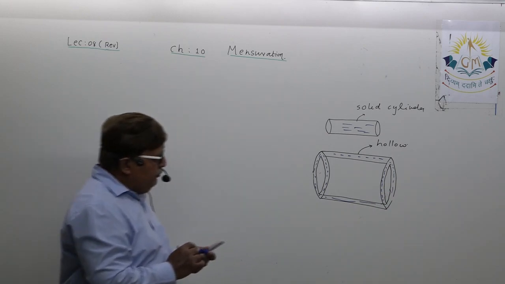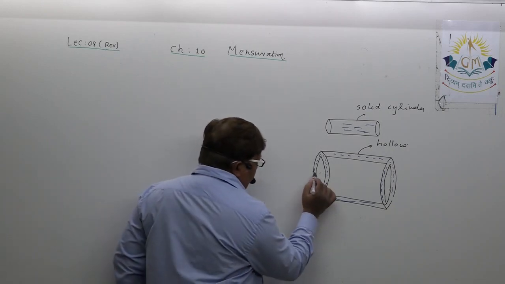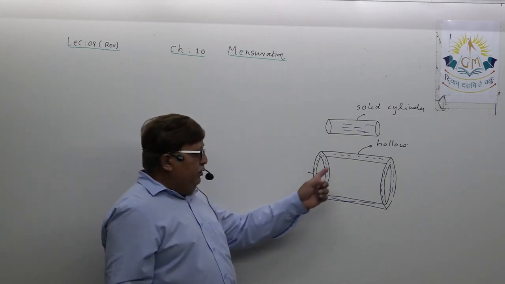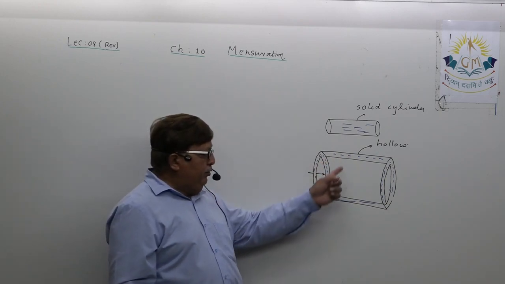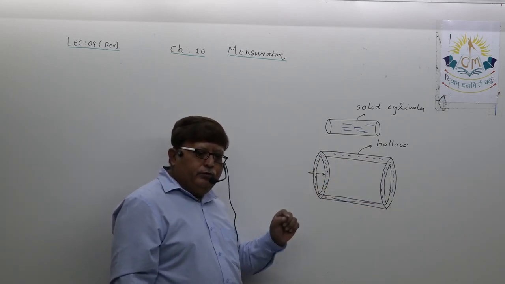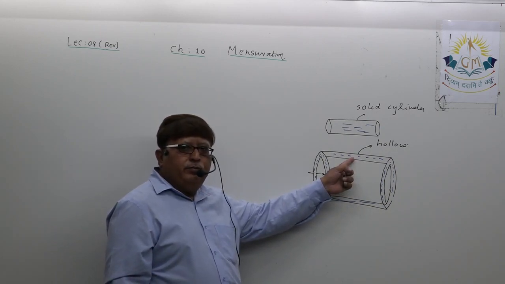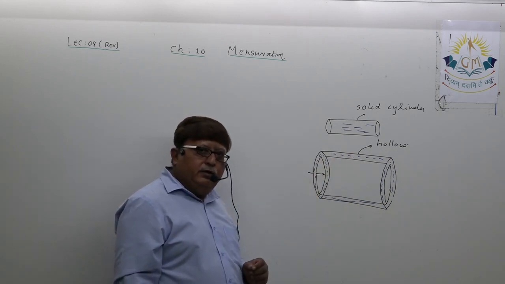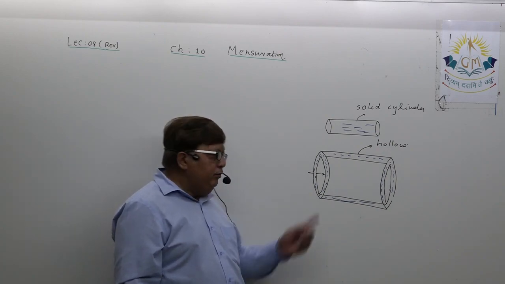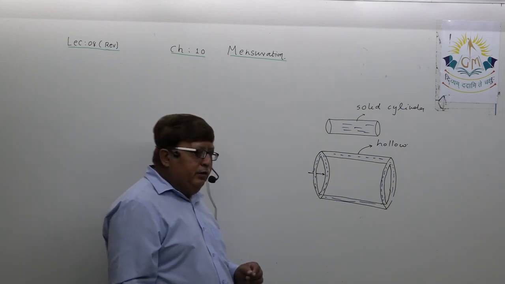So, try to understand, dear student. Water is going to flow through this region of the pipe, okay? But to design the pipe, you require some metal. Though it is a hollow cylindrical pipe, you require some metal, and we are actually going to find the volume of the metal used in designing such a hollow cylindrical pipe.